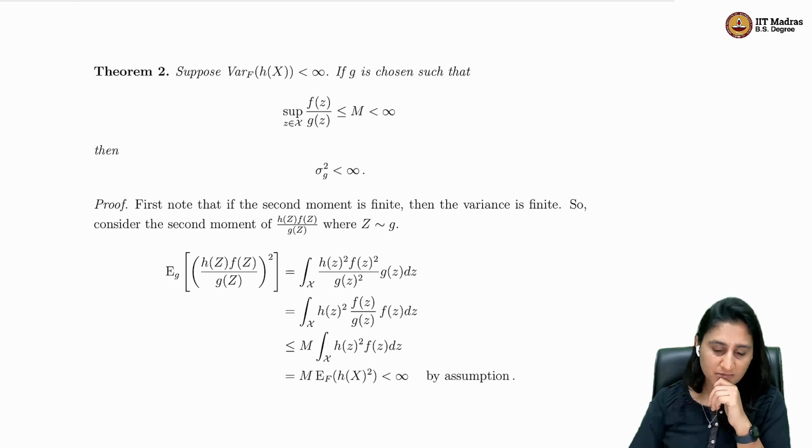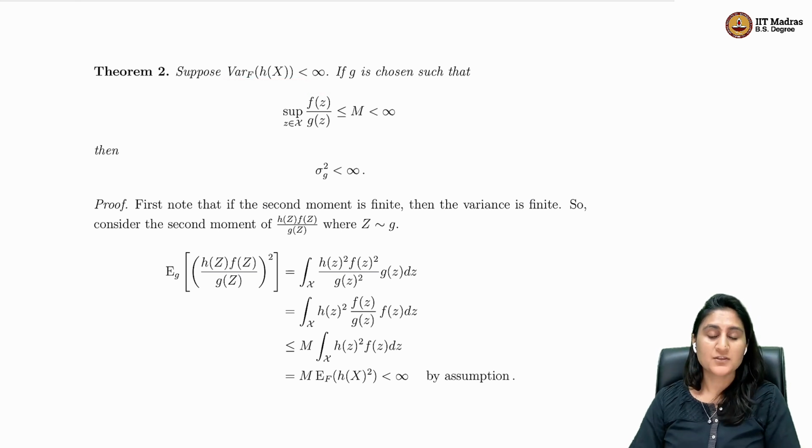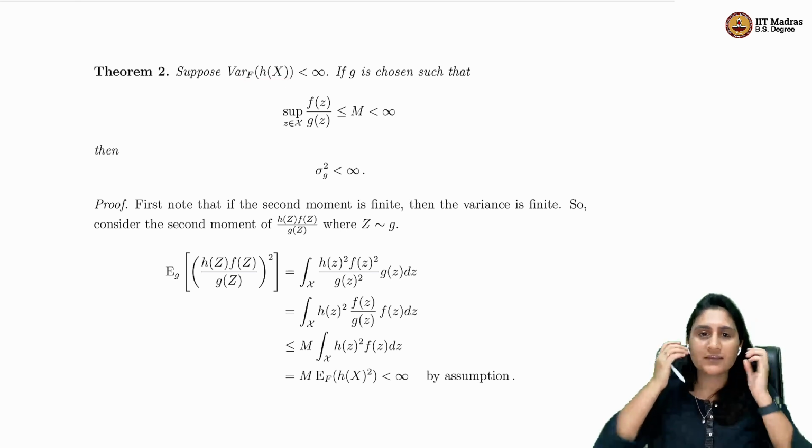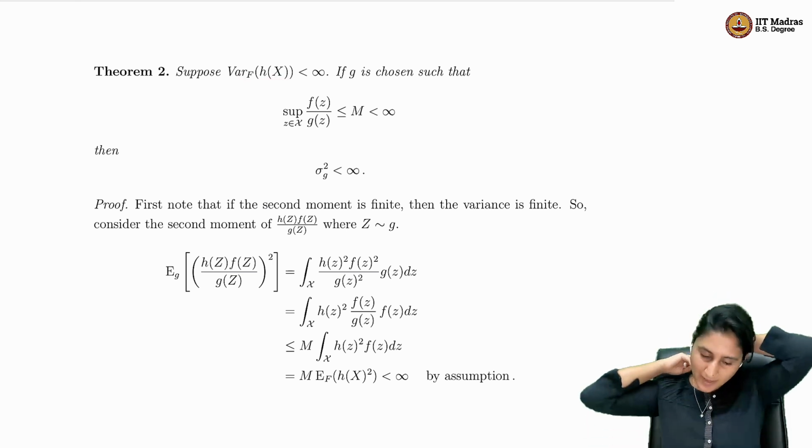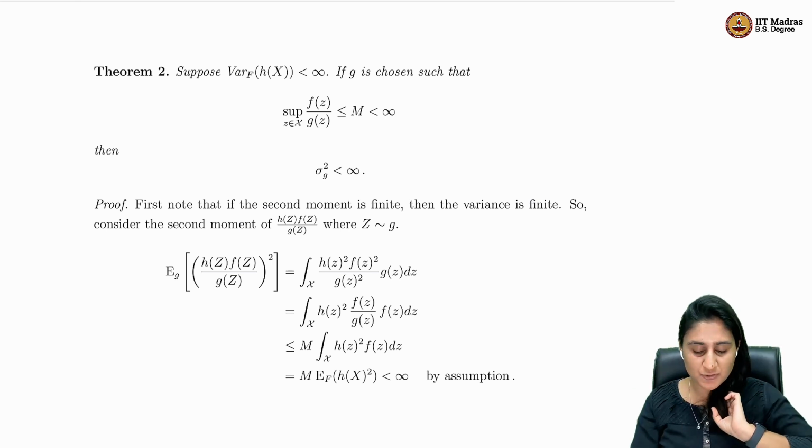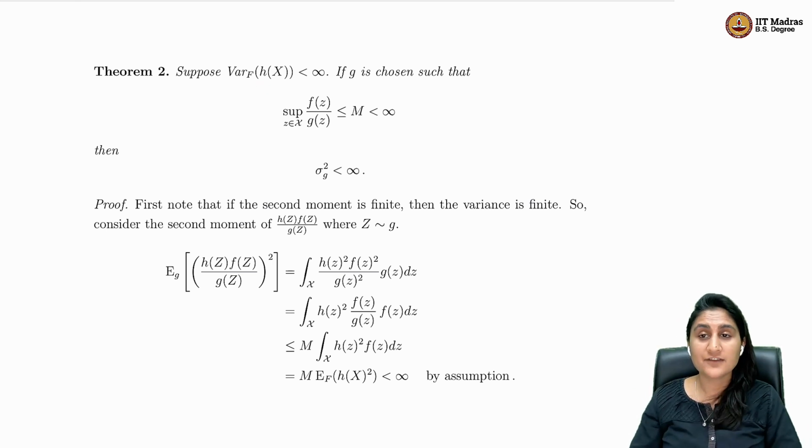Suppose first that the variance of h under f is finite. The variance of h under f, which means the Monte Carlo variance, is finite. So first we have to assume that the actual quantity I'm interested in, the variance of that under our target distribution, is some finite quantity.